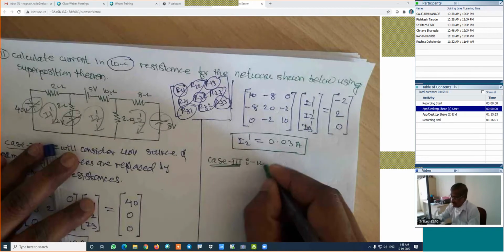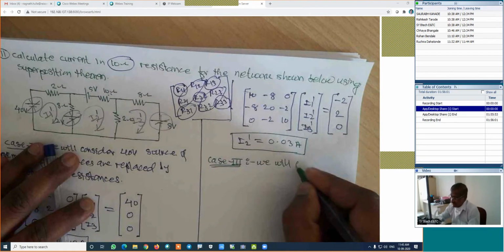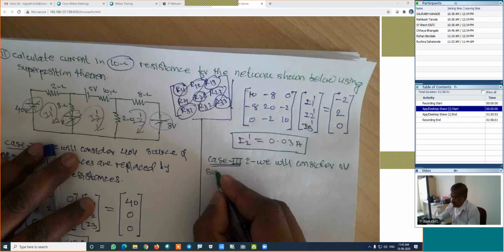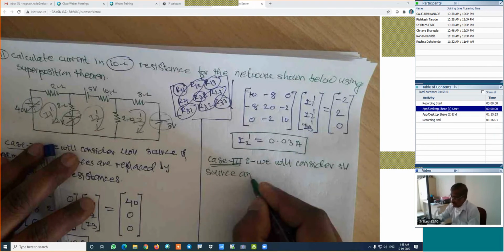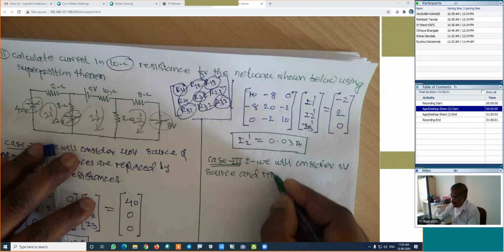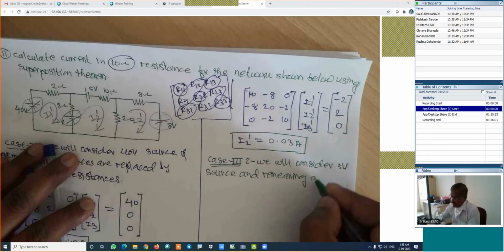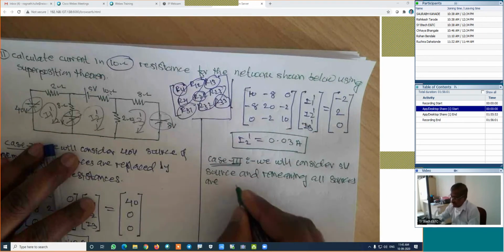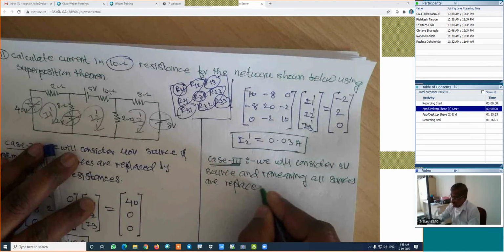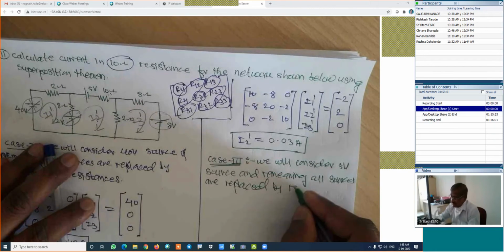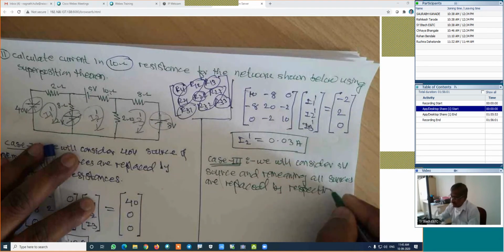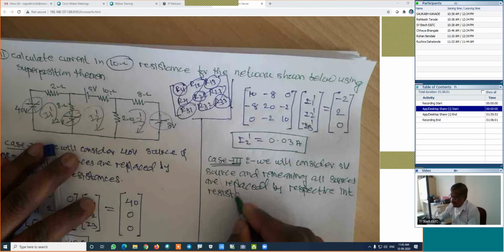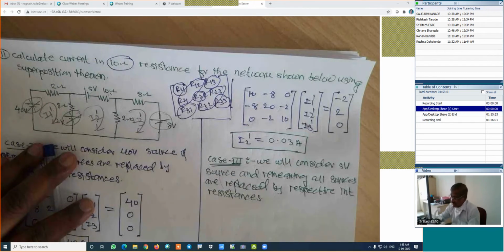We will consider the 5 volt source, and all the remaining sources are replaced by their respective internal resistances.